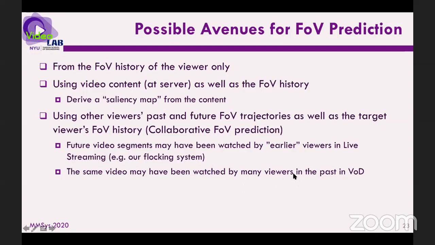And if the server stores such information, it can use this information to help the current viewer predict their future FOV. And we have investigated how to develop machine learning models for each of these approaches.